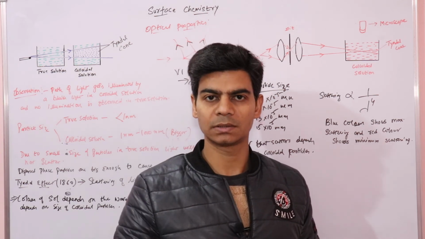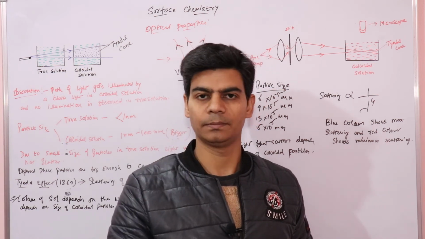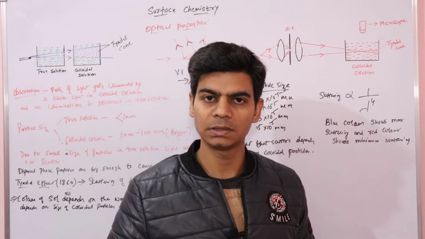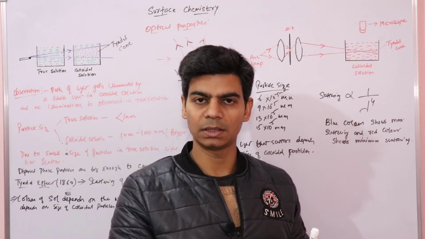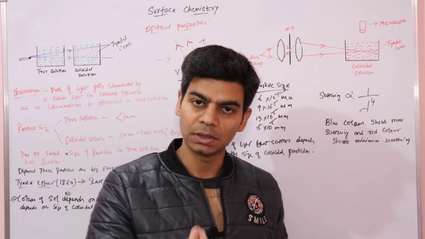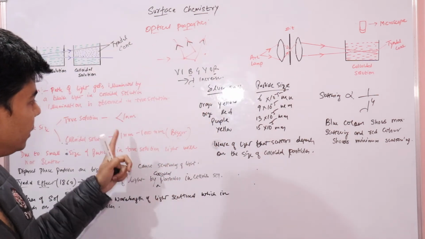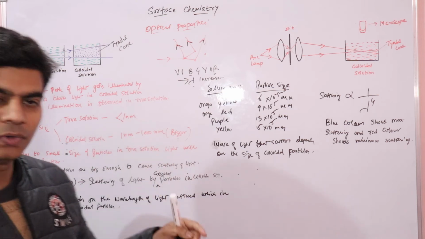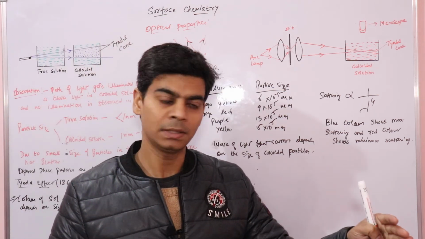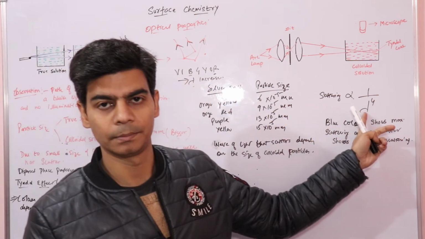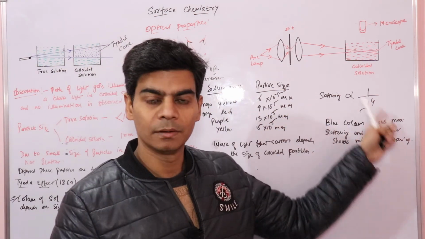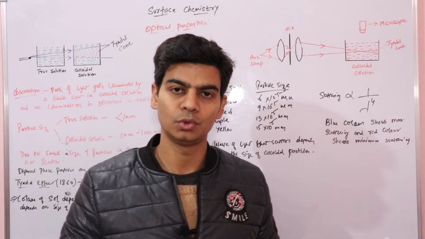Air contains dust, and the dust particles are of colloidal range, which falls in this range, and will scatter light. Here the scattering is maximum for blue color, so that is why the color appears blue to our eye.